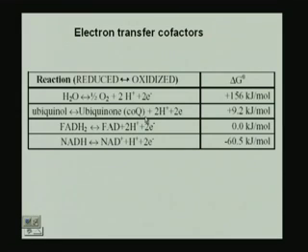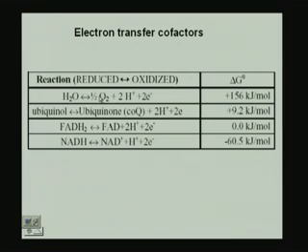Now, here are some of the delta G0 values associated with the electron transfer cofactors. When we go from ubiquinol to ubiquinone, so quinol to quinone means I need 2 protons and 2 electrons, I have a plus 9.2 kilojoule per mole free energy change. For H2O, that is a reduced part, going to half O2 plus 2H plus and 2 electrons, the value of delta G0 is plus 156 kilojoules per mole.